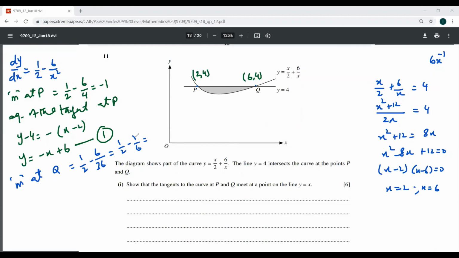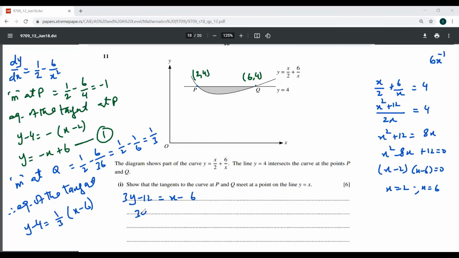This is 3 minus 1, 2 over 6, that is 1 over 3. Therefore the equation of the tangent is y minus 4 equal to 1 over 3 into (x minus 6). So this gives us 3y minus 12 equal to x minus 6. So this is 3y equal to x plus 6. That is our equation number 2.